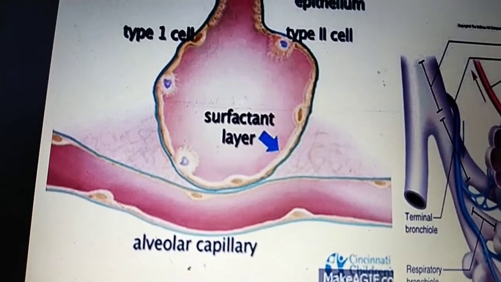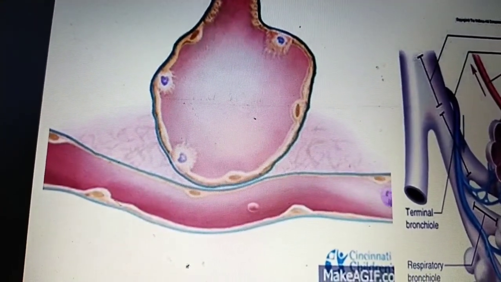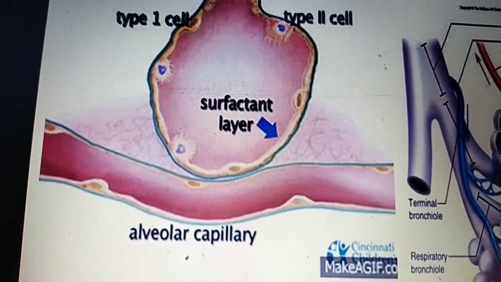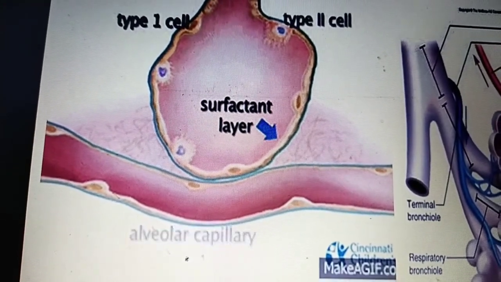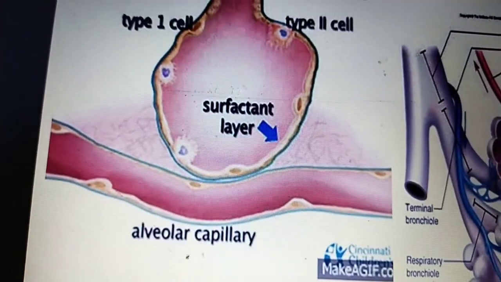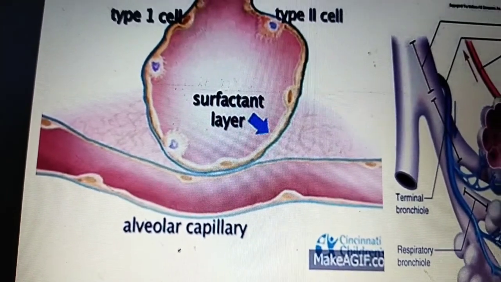It is a fluid secreted by the type 2 cells of the alveoli that serves to reduce the surface tension of pulmonary fluids.